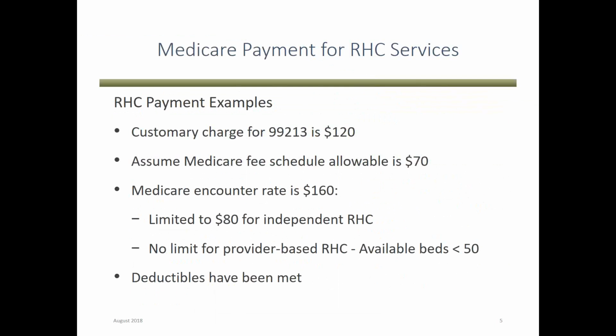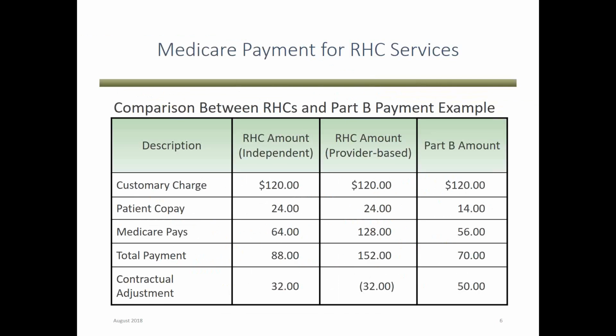Because as we said here, the Medicare encounter rate is $160. $160 less the $32 or 20% copay is what Medicare pays, $128. So they actually will receive $152. And in this case, they will have a negative $32 contractual adjustment. They are receiving $32 more than what they charged.